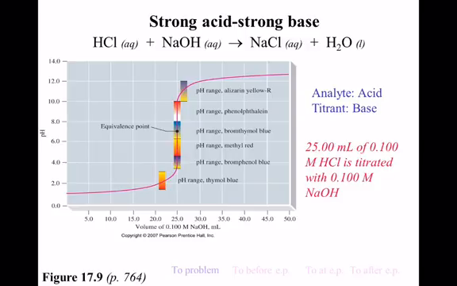On the other side of that curve, check it out, after a volume between 25 and 30 mL, look how it straightens out into very basic. Why? Because all of your HCl is used up, and what's driving the pH is basically that NaOH you're dripping in.